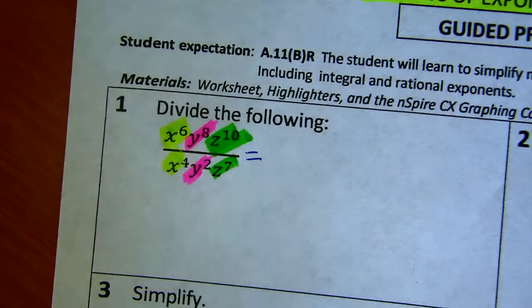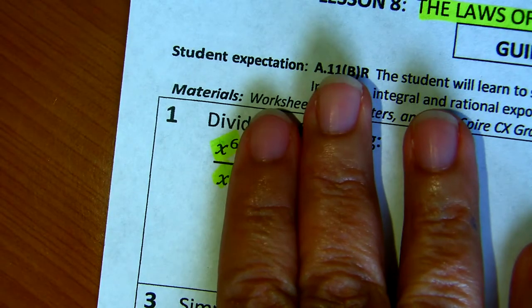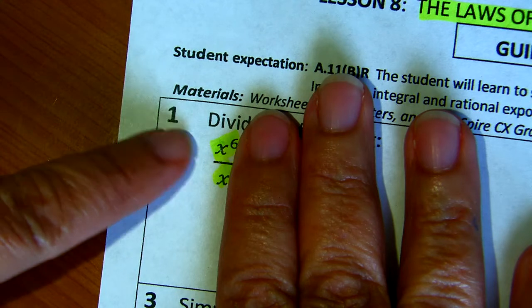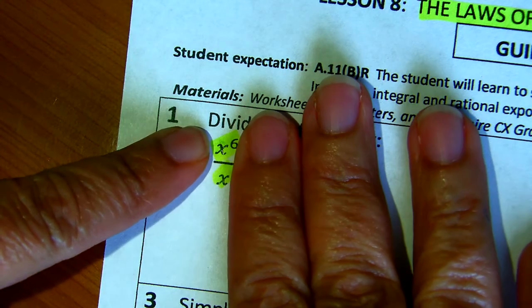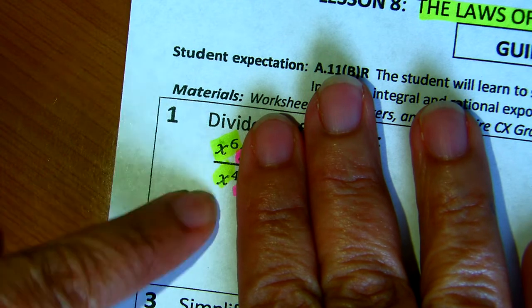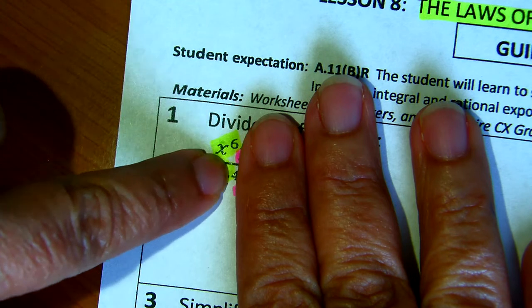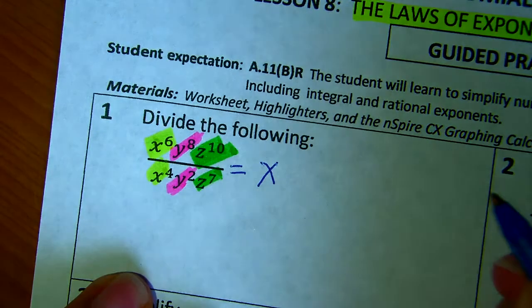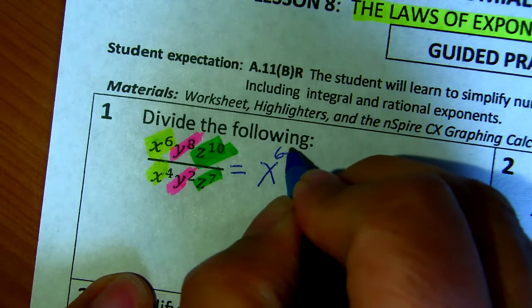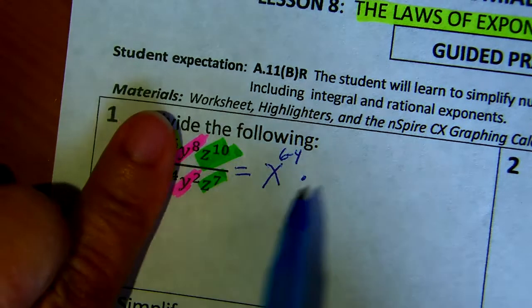So first of all, x to the power of 6, notice how I'm going to be covering the rest of the letters. We're dividing x to the power of 6 divided by x to the power of 4. So when you divide, what do? You subtract the exponents. You subtract these two numbers. So that's what I'm going to write over here. X to the power of 6 minus 4. Then, what's next?